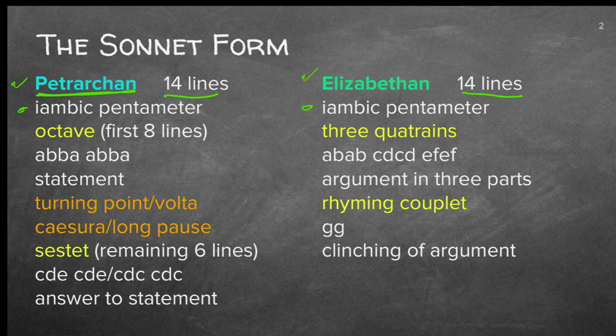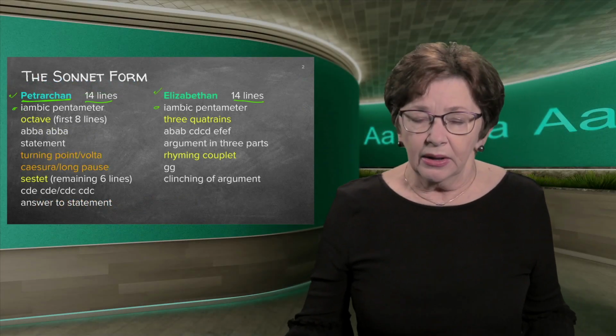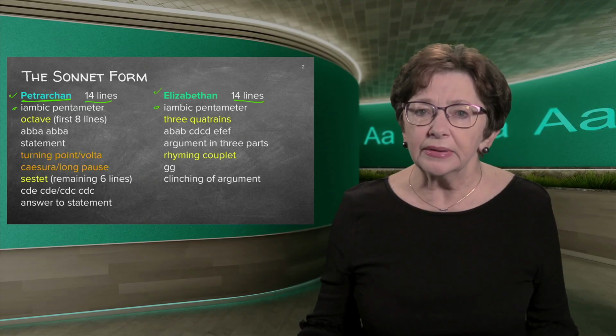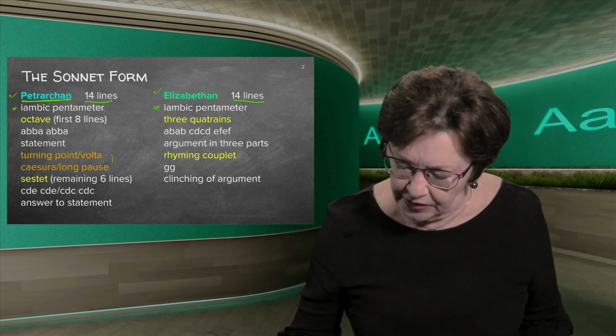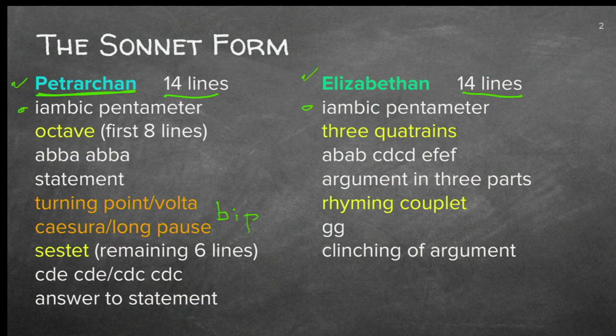And the first thing I'd like to say, and that you need to understand, is the one aspect that distinguishes the Petrarchan form is what they call bipartite, the bipartite format.